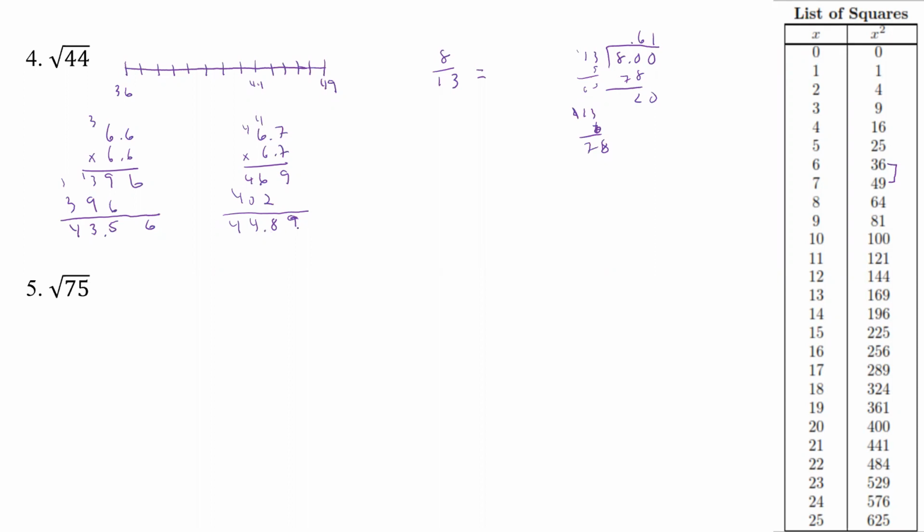So 44.89 or 43.56. Well, those are pretty close to both. 44.89, that's 0.89 over. This one is going to be 0.44 under. So this one is actually the closer one. So I'm going to say the square root of 44 is approximately 6.6. Okay.